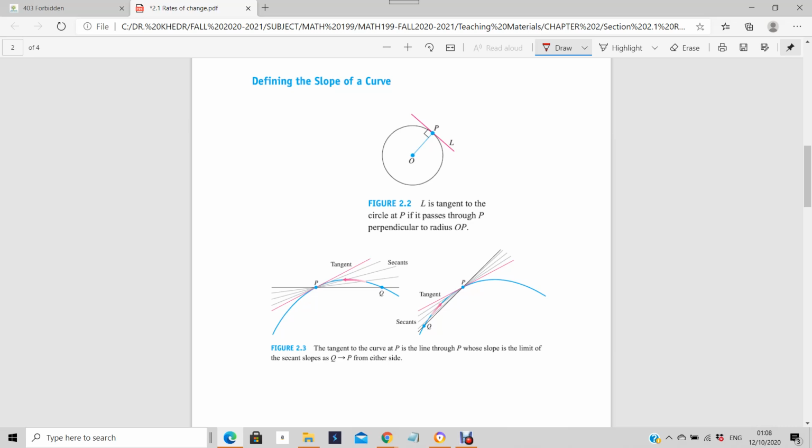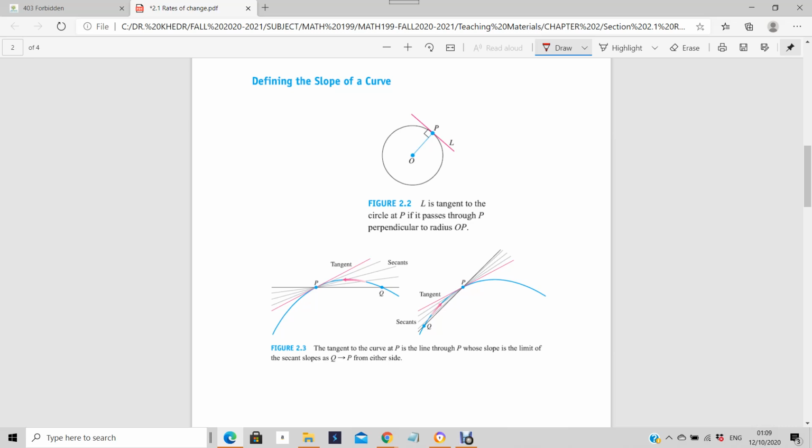In other words, this tangent line touches the circle only at one point. So this line should not intersect the circle at 2 points, otherwise it will be called a secant. So the tangent line is the line that touches the curve of the circle at one point, like point P. This is for the circle.